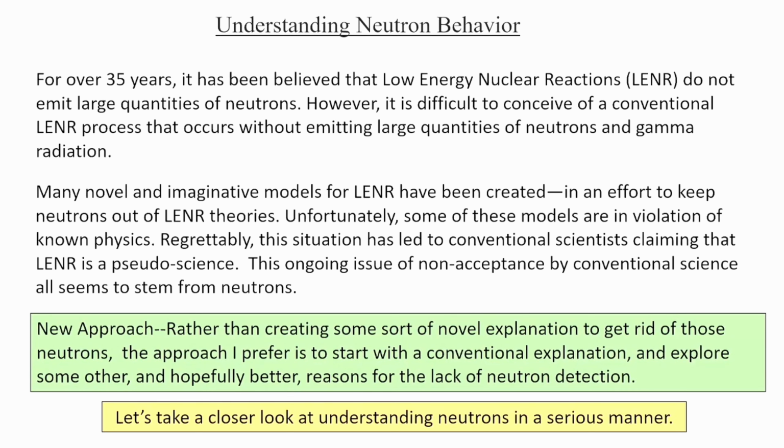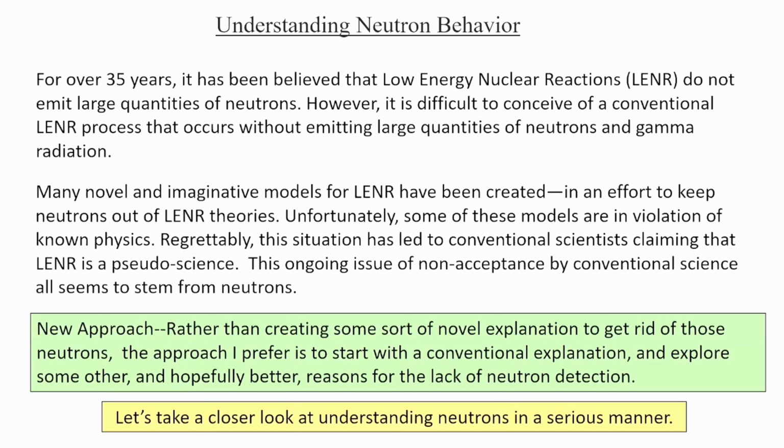Many novel and imaginative models have been created in an effort to keep neutrons out of LENR theories. Unfortunately, some of those models are in violation of known physics, and regrettably, this has led to the conventional scientists claiming that LENR is a pseudoscience. And this has been an ongoing issue of non-acceptance, and it seems to be directly related to neutrons.